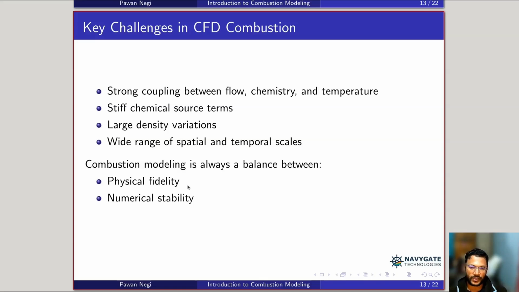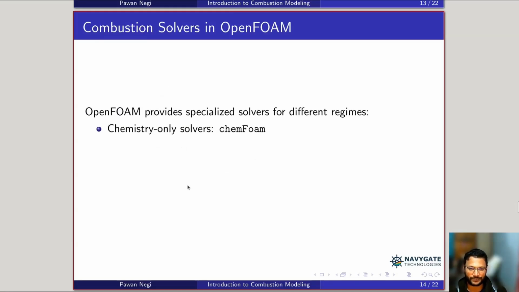We have to make sure that the numerical method is stable for the smallest time scale and smallest spatial scale. And the computational cost, of course, because when we have very small time steps, the computational cost increases. Similarly, when we have to capture very fine spatial scales, the computational cost also increases. In OpenFOAM, there are various combustion solvers.